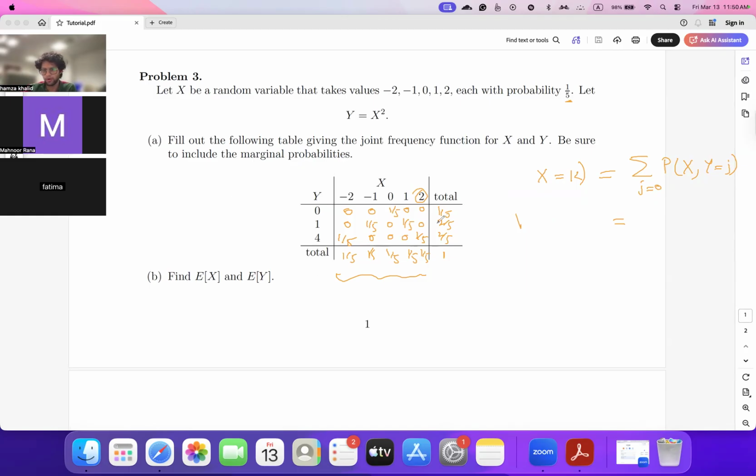These are your marginal probabilities. So now let's compute E of X and E of Y. What is this? Simply minus 2 times 1 by 5, plus minus 1 times 1 by 5.